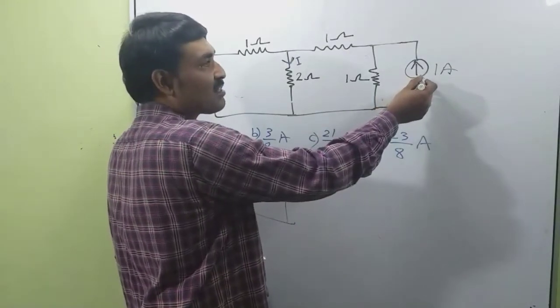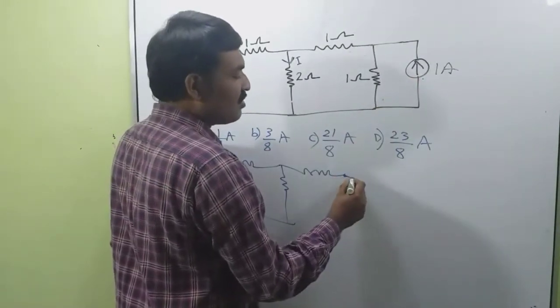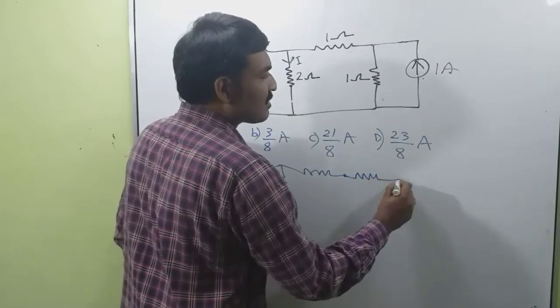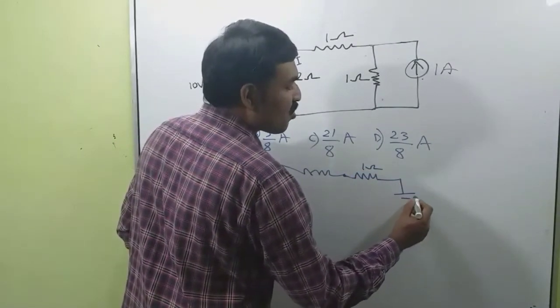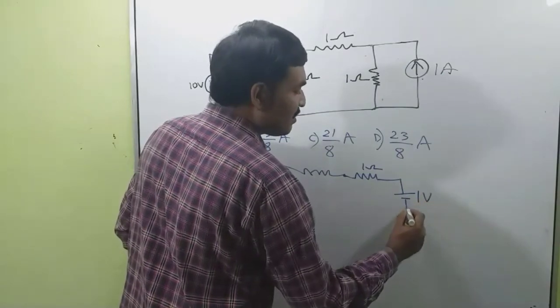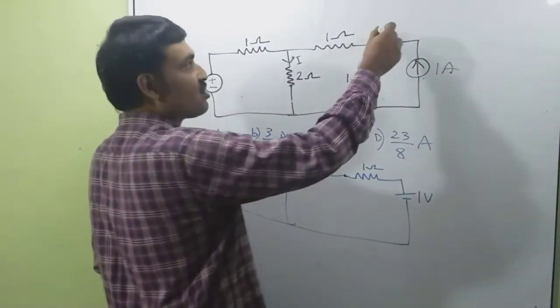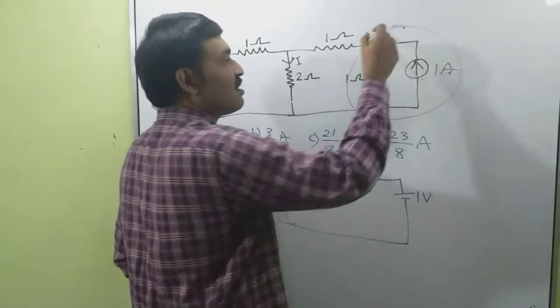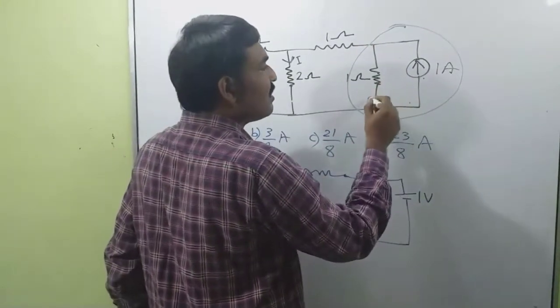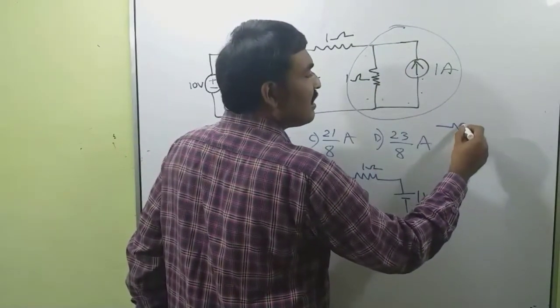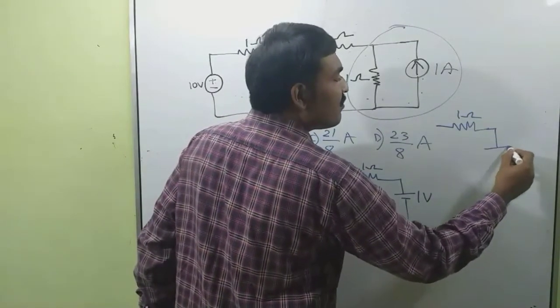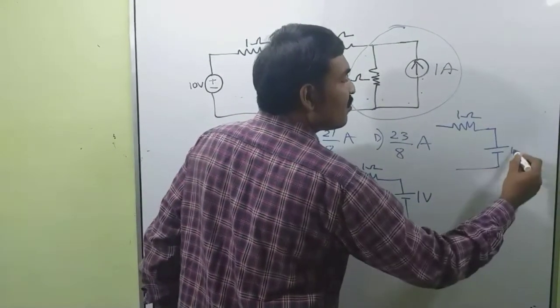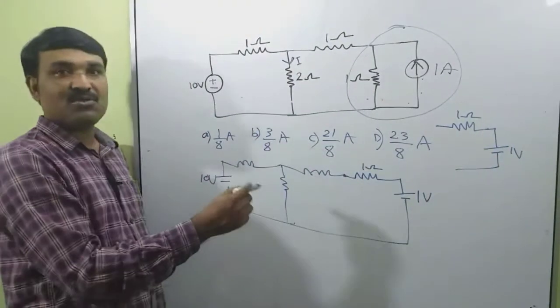So by this source transformation we can draw this as 1 ohm resistance in series with a voltage source of 1 volt. This is the source transformation of this portion of the circuit. That is, this portion of the circuit is replaced by a resistance of 1 ohm with a voltage source of 1 volt. So our circuit is reduced to this form.